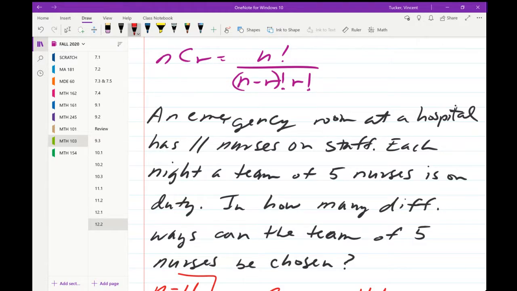This has nothing to do with order or ranking, first, second, third place, or anything like that. So that's how we know we're dealing with combinations. We just want to know how many different ways I can choose 5 nurses out of the 11 nurses.